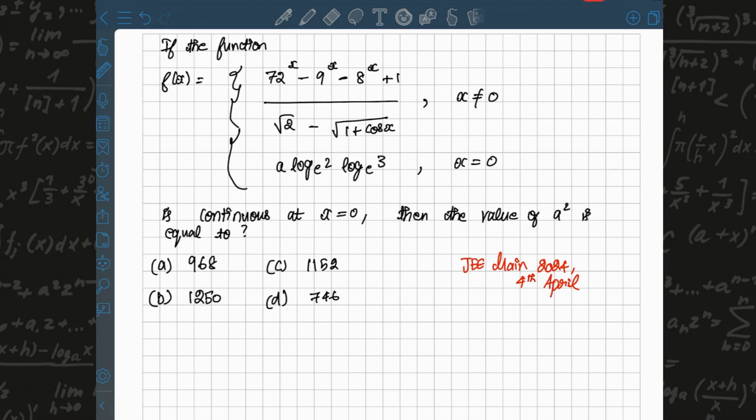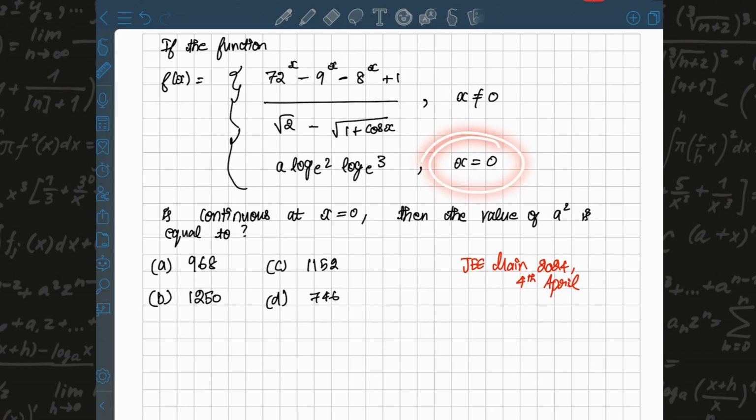The first question is, when x is not equal to 0, the function is this big one. It looks very complex, right? It's (72^x minus 9^x minus 8^x plus 1) divided by (root 2 minus root of 1 plus cos x).